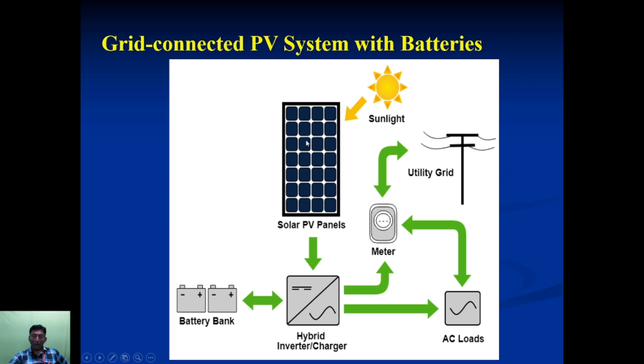Sunlight to panel, panel to DC, DC to AC and AC load, one way of communication. Another way is sunlight to panel, panel to DC, and this DC is stored inside the battery bank through the charger. Now during night time there is no sunlight, so the PV panels don't work and there will be no communication here.